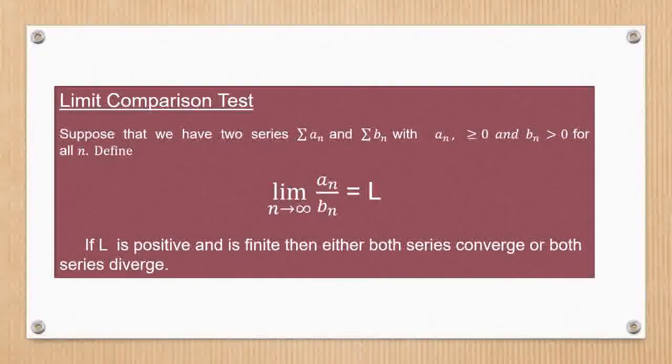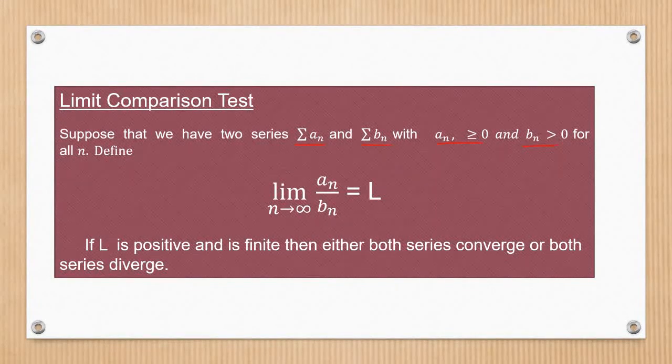Here is another way to determine if the series is divergent or convergent: using the limit comparison test. Suppose that we have two series, the series An and the series Bn, with An greater than or equal to 0 and Bn greater than 0 for all n.